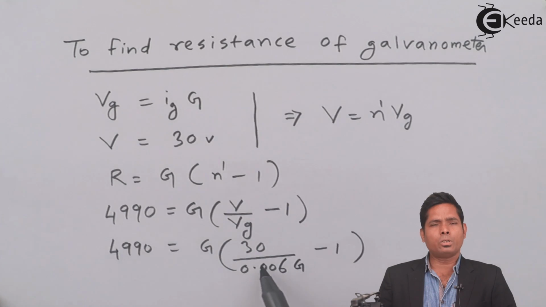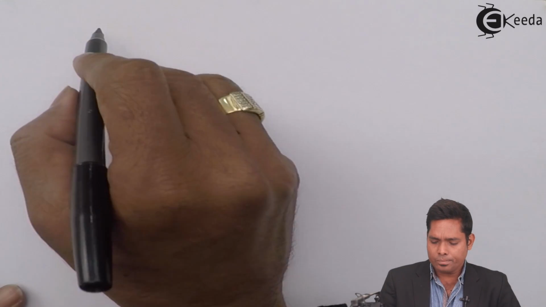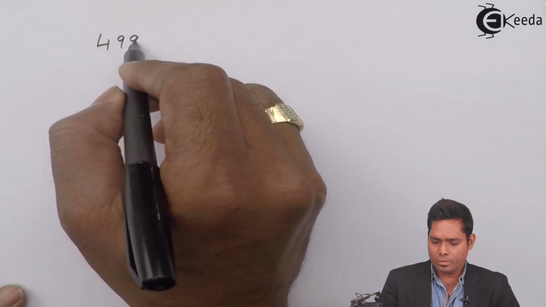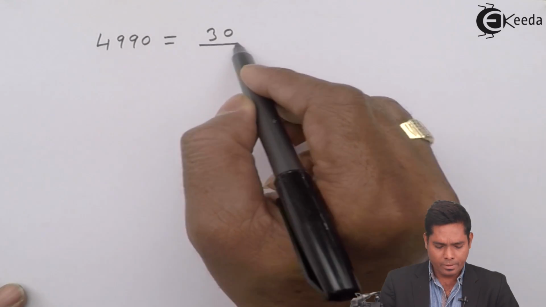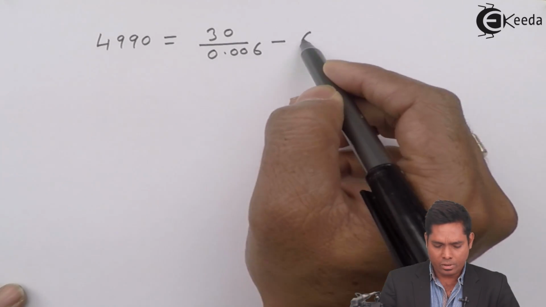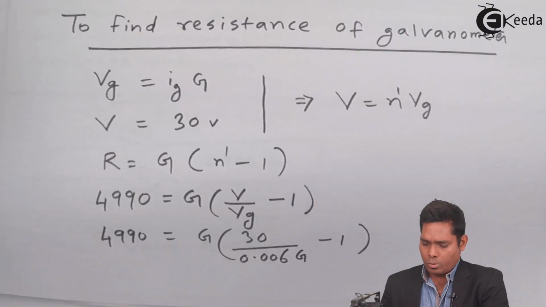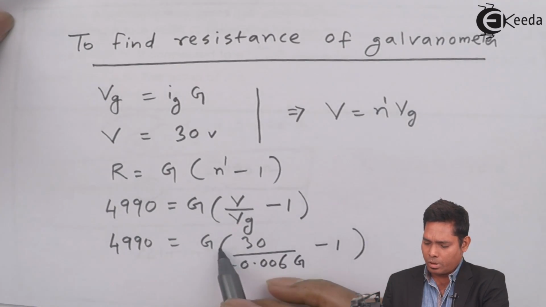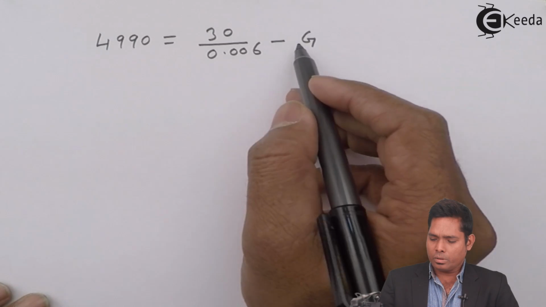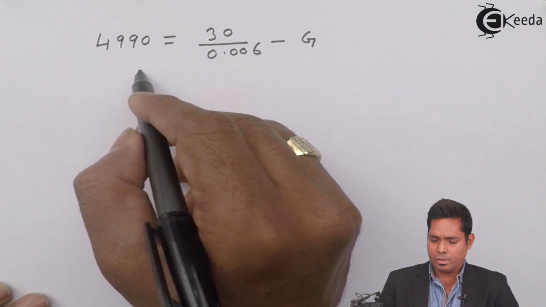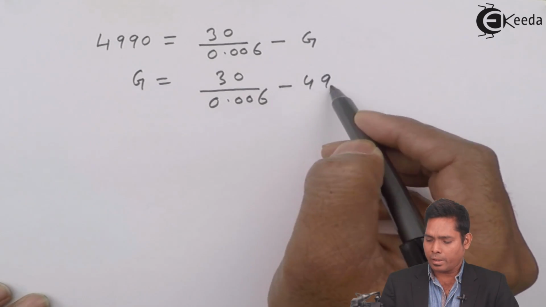Once we get the value of G, we substitute that in the other equation. So let us solve this first. We have 4990 equals 30 divided by 0.006 minus G, because the G goes inside the bracket, G and G cancel, and one G remains. So the minus G on this side becomes plus G, and G equals 30 divided by 0.006 minus 4990.